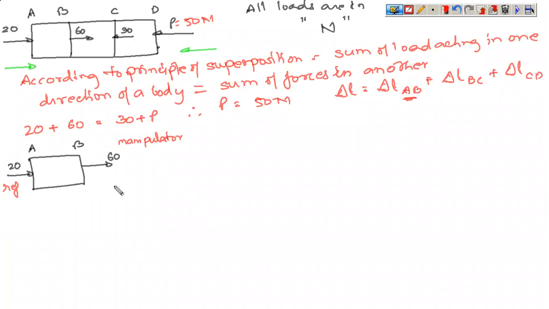So what you do is you add 20 here and you subtract 20 here. You add and subtract 20 kilonewton. So if you bring this member back to that original position, again the principle of superposition has been applied.